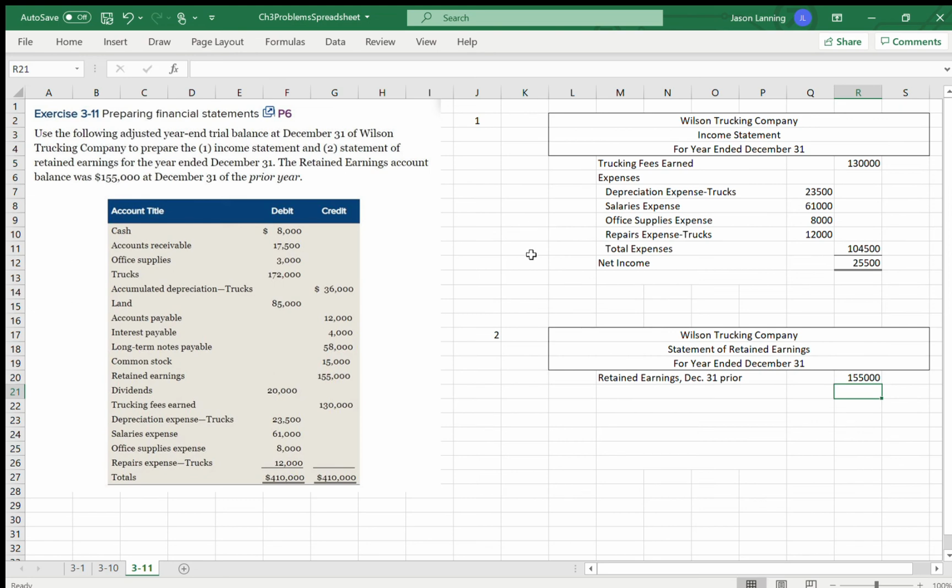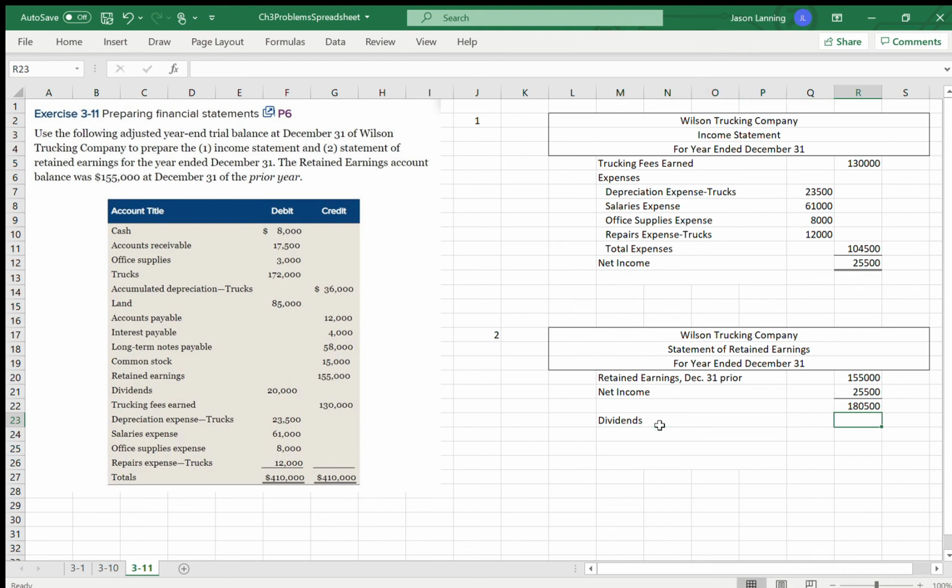Okay, so we have to add the net income, and we have net income of $25,500, so we're going to put net income here, which is $25,500, and we'll do a summation of that. So we have $180,500 essentially in retained earnings before we take out dividends. And that's what we're going to do next.